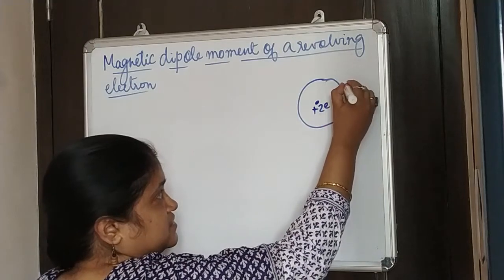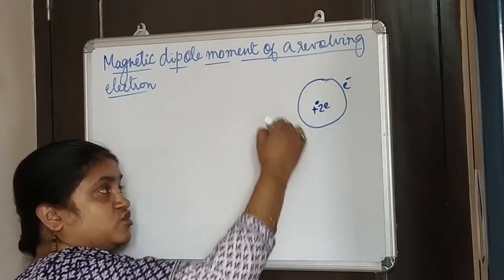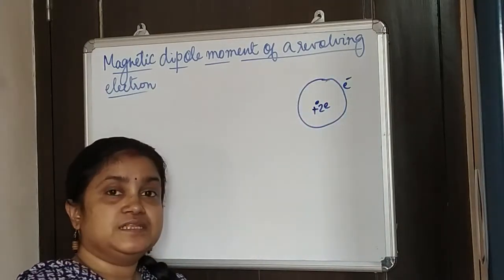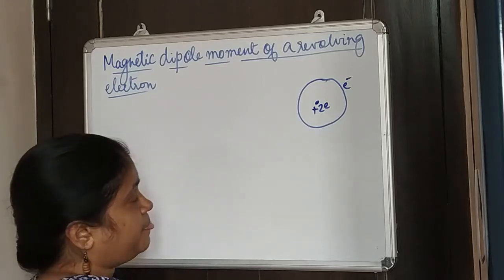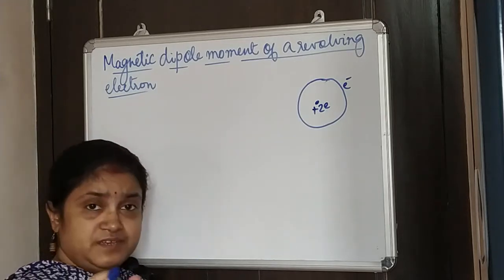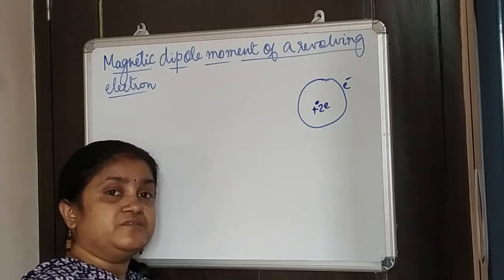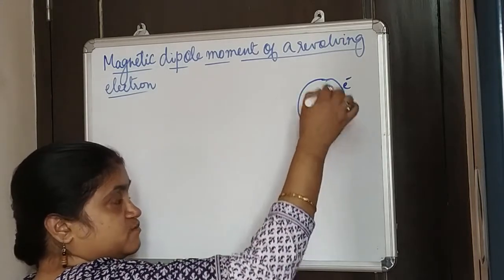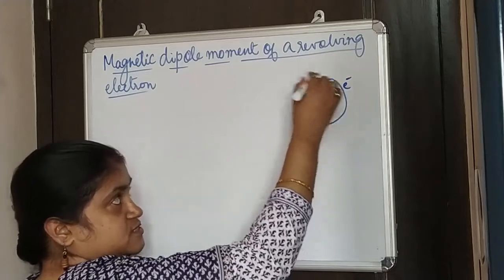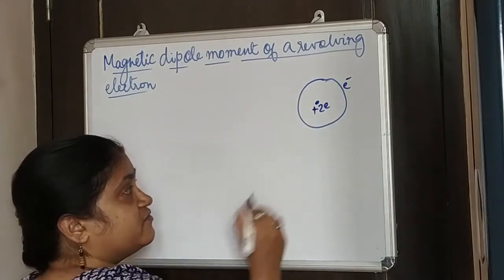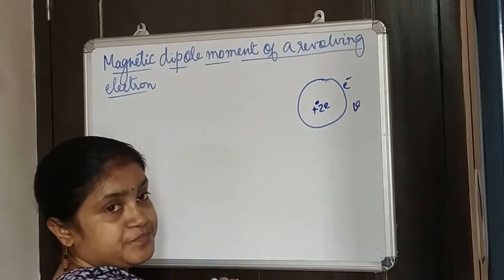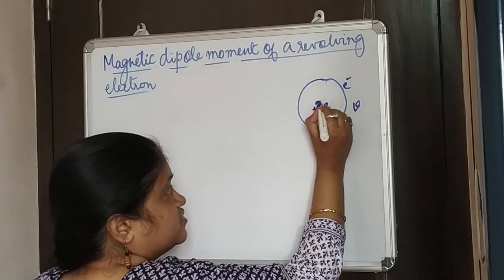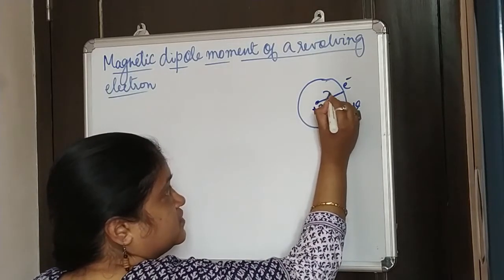So suppose there is this negative charge, the negative electron, which is going around in this orbital. As we know, current is nothing but flow of electrons, and when this electron moves around this orbit, suppose it has a velocity v and the radius of this particular orbit is r.